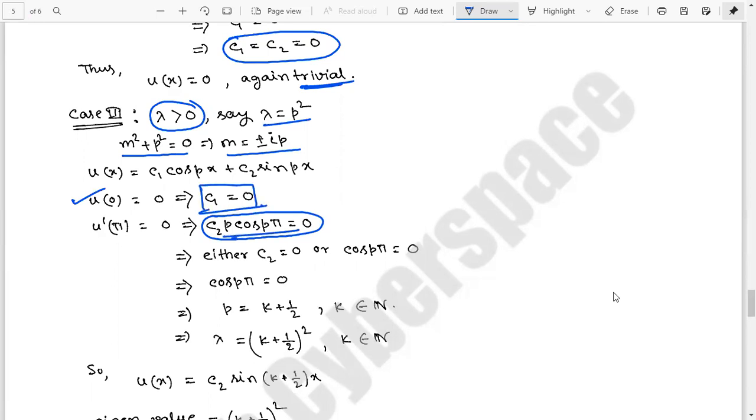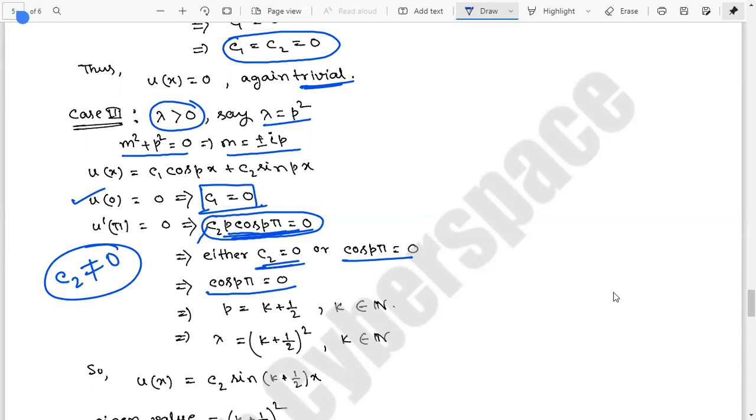From this equation we have two choices: either c2 is 0, or p cos(pπ) is 0. If we choose c2 = 0, then again we get the trivial solution, so we cannot take c2 = 0. So c2 is not equal to 0, and obviously cos(pπ) = 0.